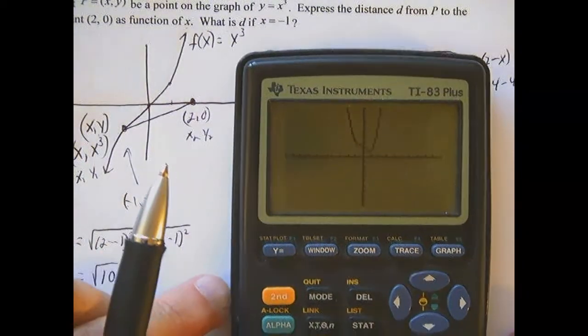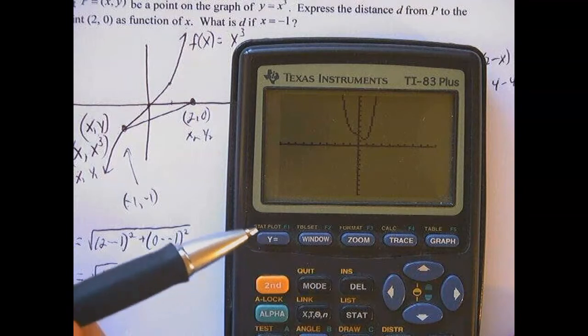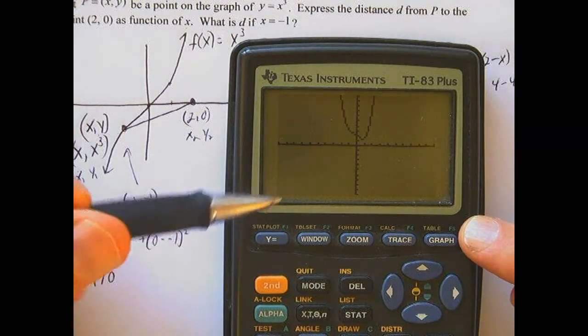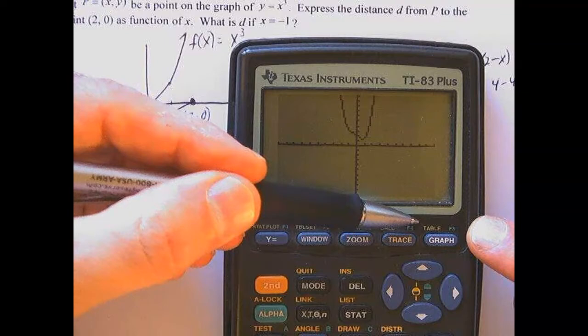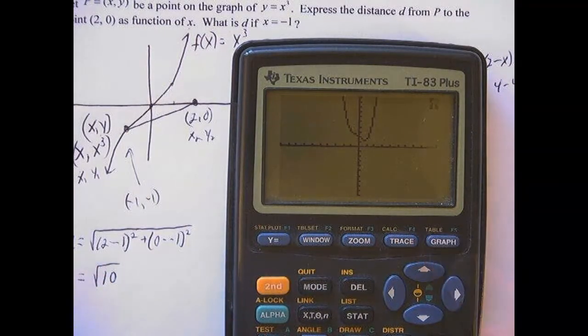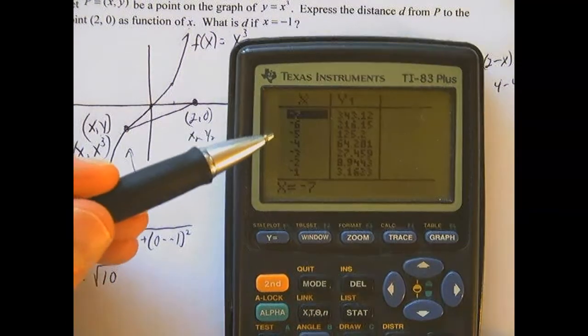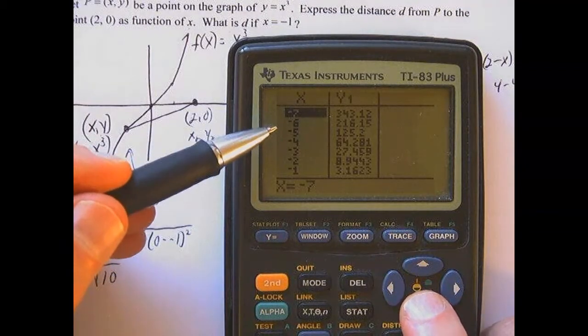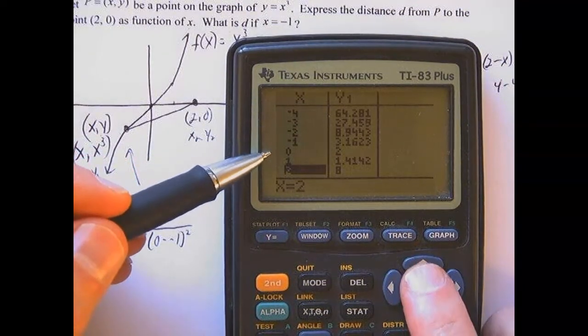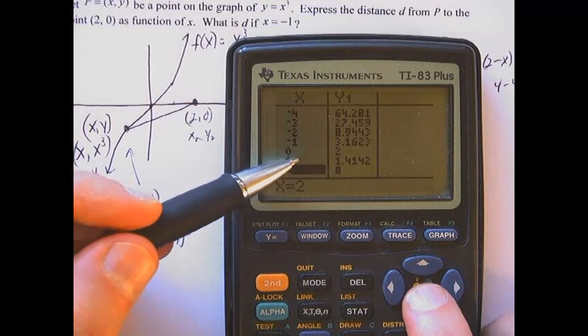By the way, here's a tool that I think I've shown you once, but maybe quickly. On the top row, one of the things that we never looked at, or looked at very little, is the table. So let's take a quick look at the table. The table tells us the outputs for different inputs.